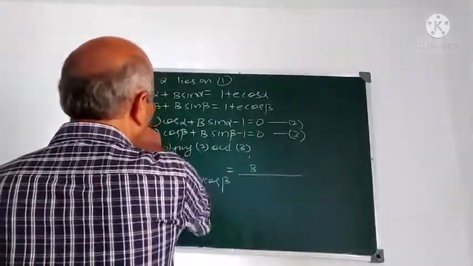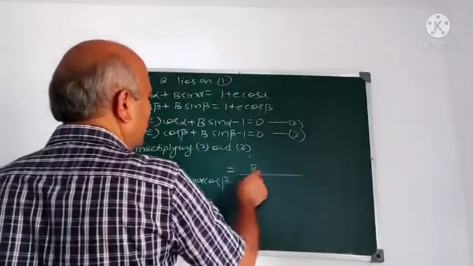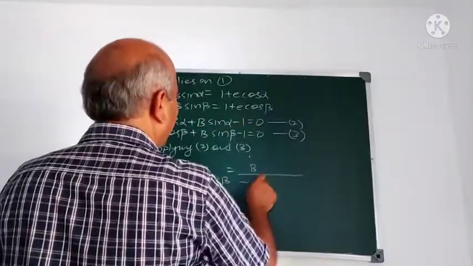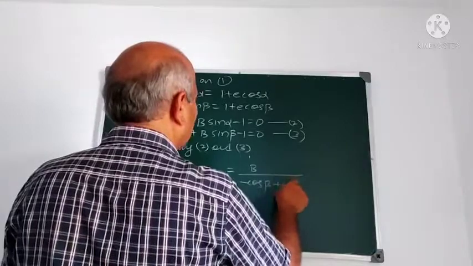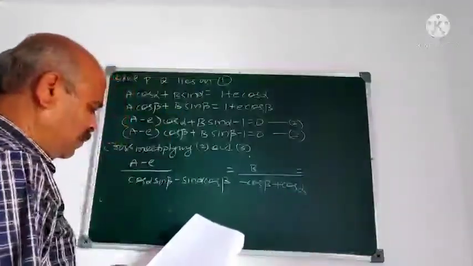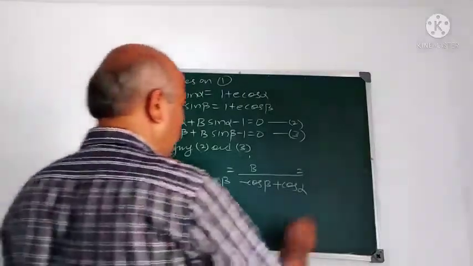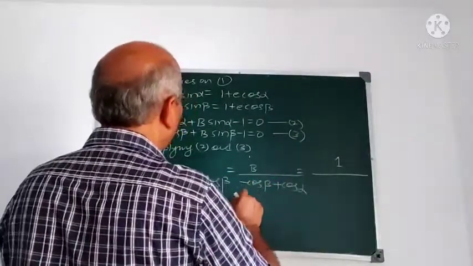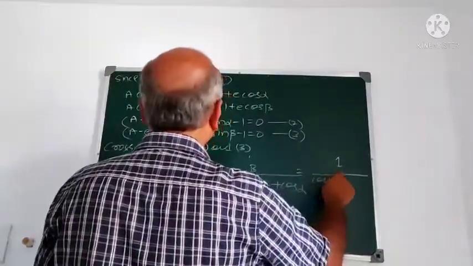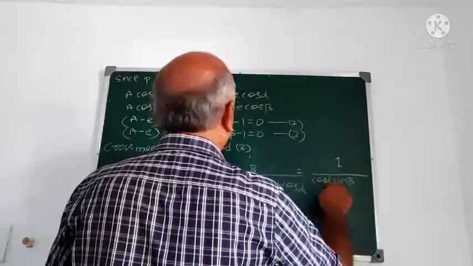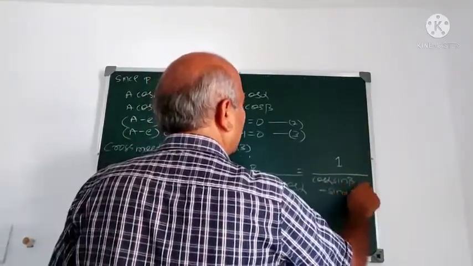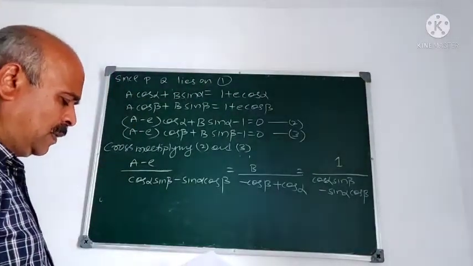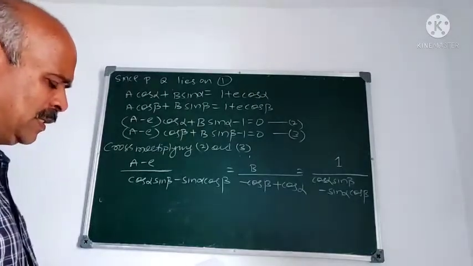What are the variables we have taken? A minus e and B here, correct? B divided by minus cos beta plus cos alpha is equal to 1 upon, the constant is 1 now, cos alpha sin beta minus sin alpha cos beta.